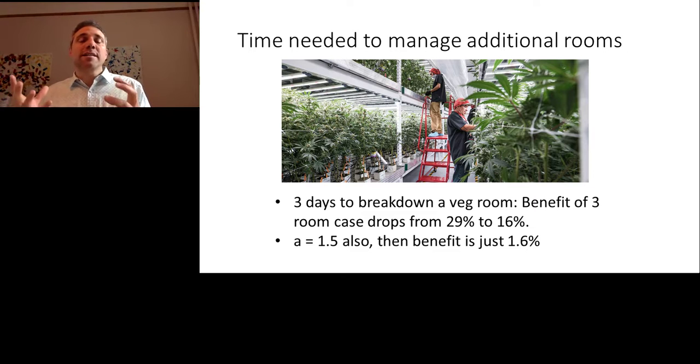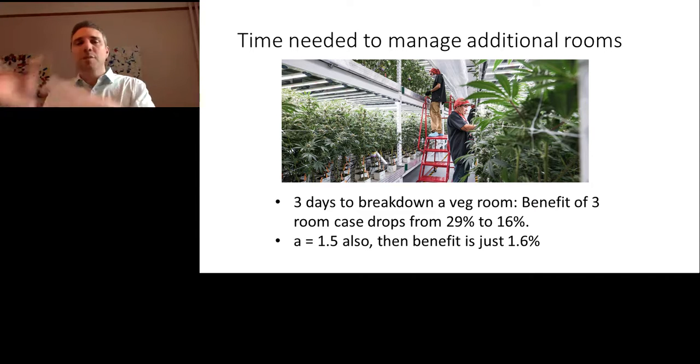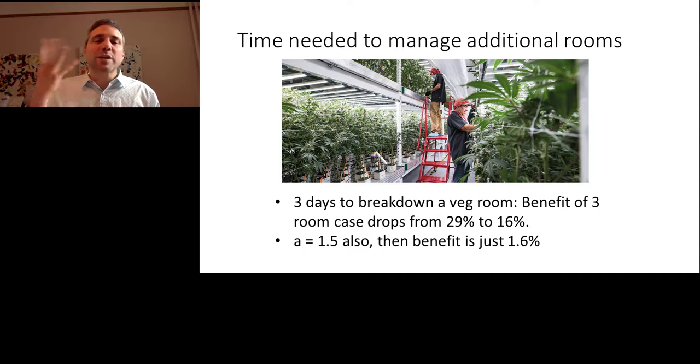I create a need for time to move plants from the vegging room to a flowering room. And that's costly. I don't mean costly in terms of the dollar cost of labor. I mean costly because say it takes 3 days to break down the vegging room, move the plants to the flowering room, and then restock the vegging room. Those 3 days are extremely valuable when something's selling for $7 a gram, right?